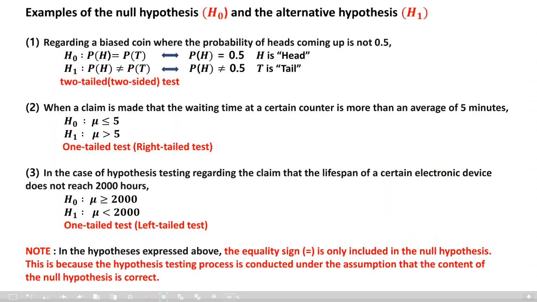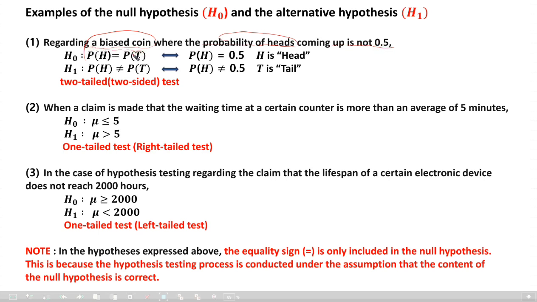Let's see some examples. We have a biased coin. Since it is biased, we raise a question: the probability of heads coming up is not 0.5. Because it is a biased coin.